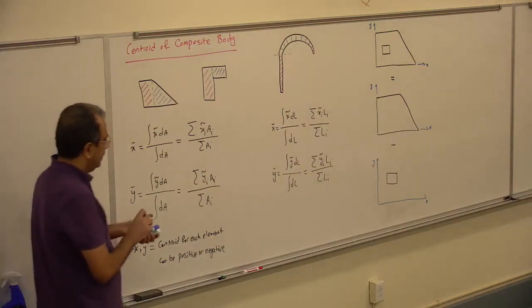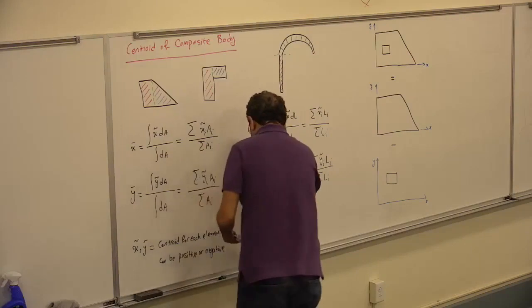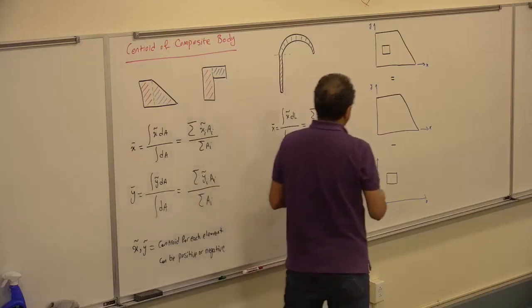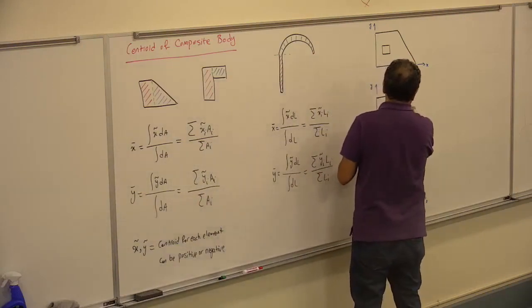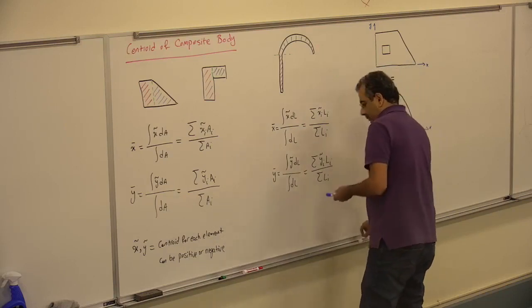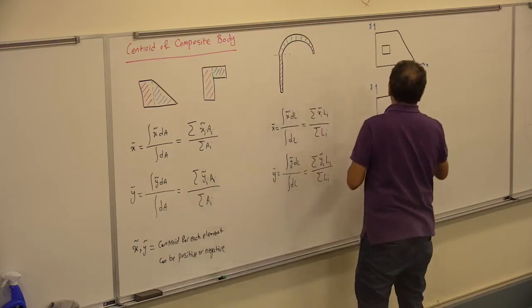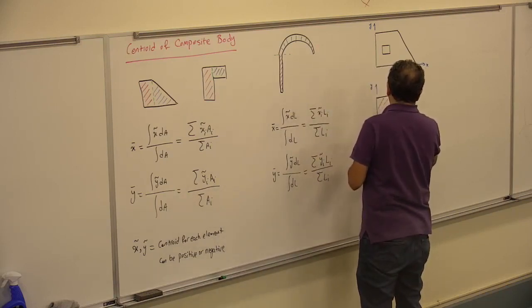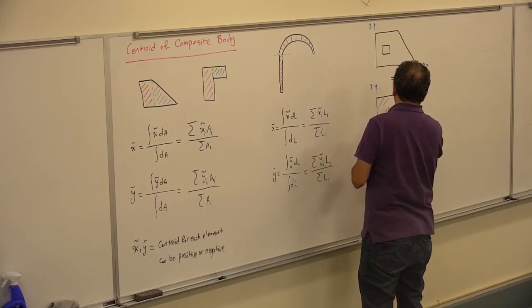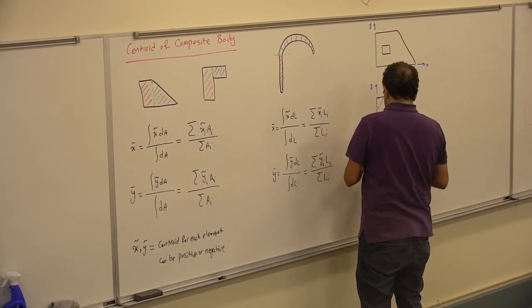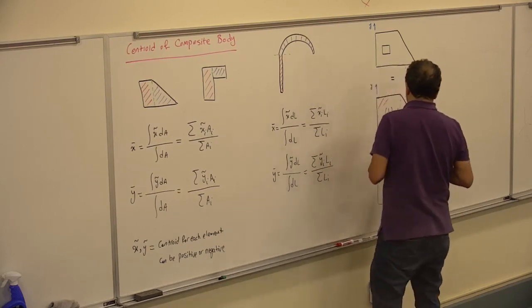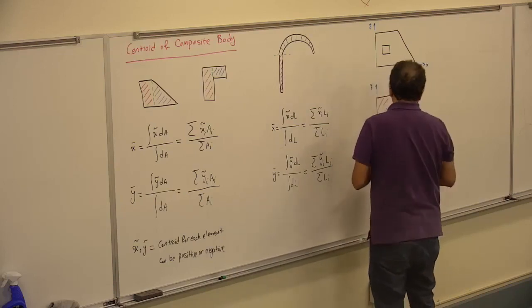So when I want to work with that, I'm going to have 3 areas. I will break them into 3 areas. So that area will be 1. Second area will be 2.